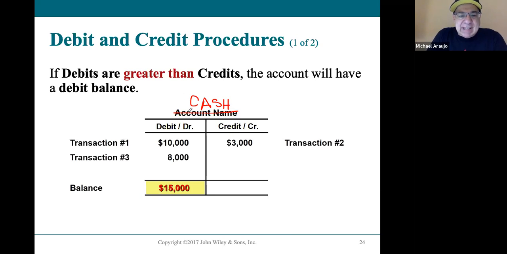So in this case, this is a cash account. All accounts have a debit and credit side, but asset accounts increase on the debit side, the left side. Asset accounts decrease on the credit side. You'll see DR shortened for debit, CR for credit.